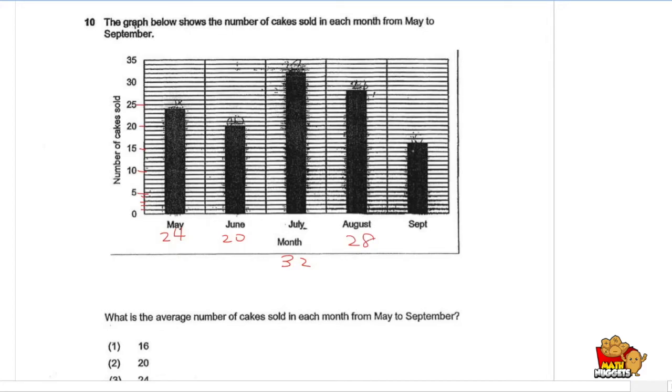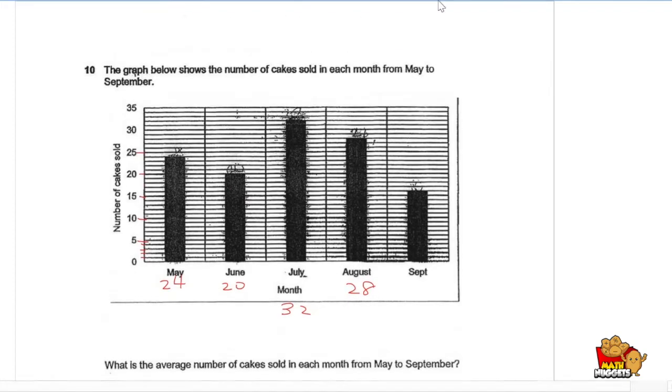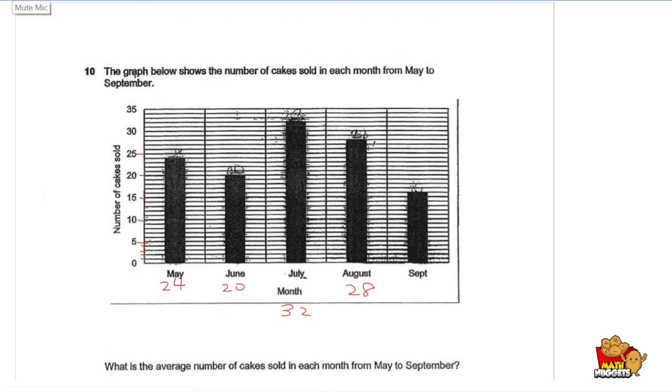In September, September is 16. I literally took a ruler and put it on screen to check my number.